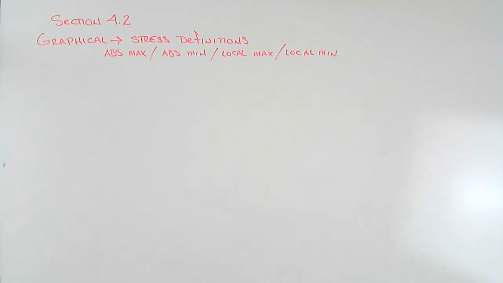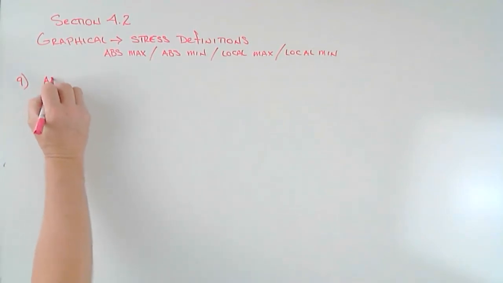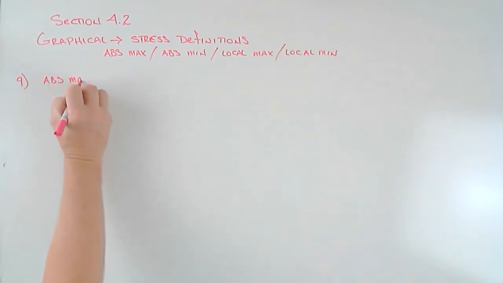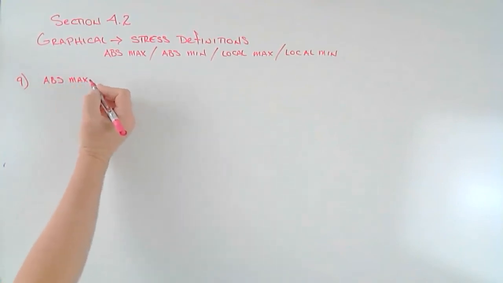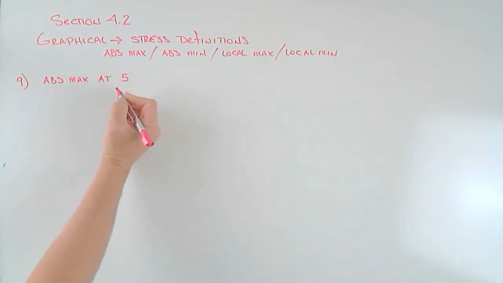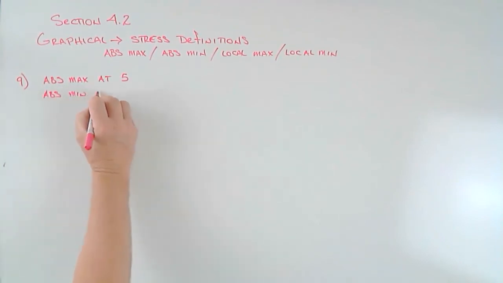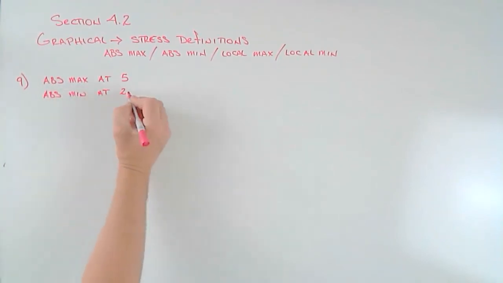So the first problem I'll take a look at is problem number 9. And it says we want an absolute max at 5. We want an absolute min at 2.